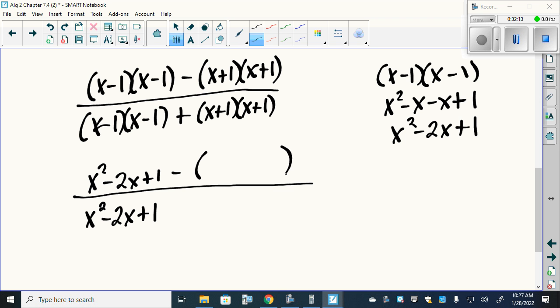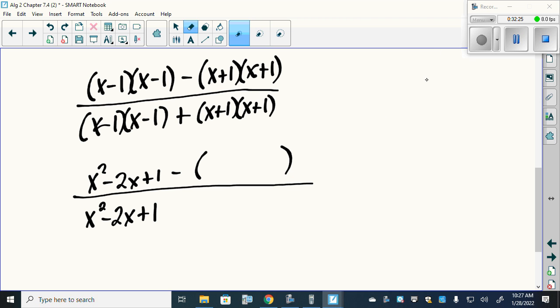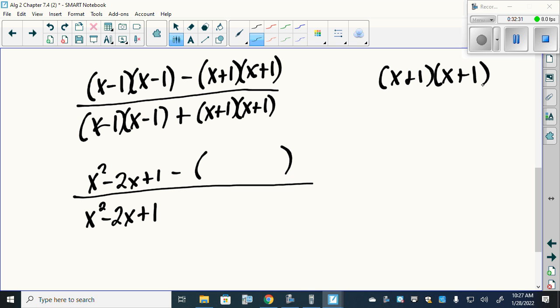Minus. On top, I'm going to put minus and a set of parentheses, because we will have to move that negative through it. Now for the other set, we have x plus 1 times x plus 1. X times x would give us x squared plus x plus x plus 1.